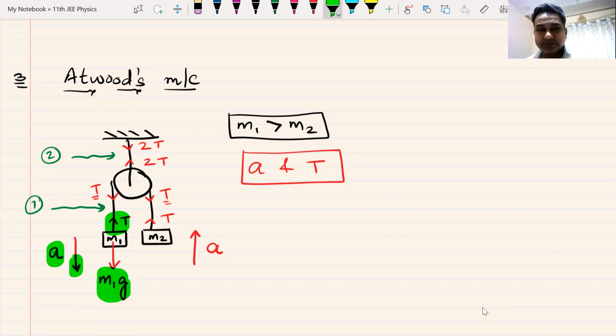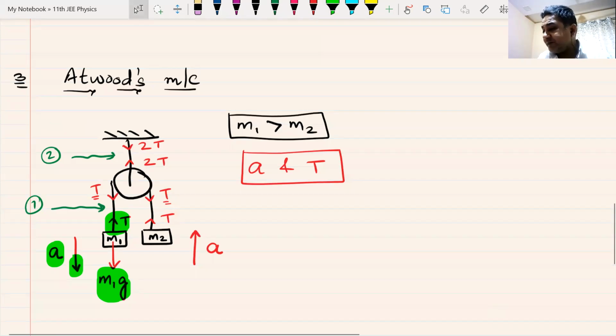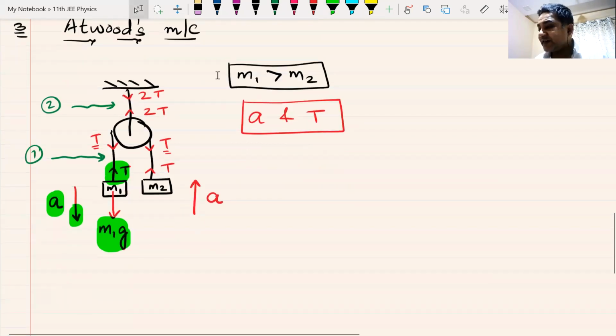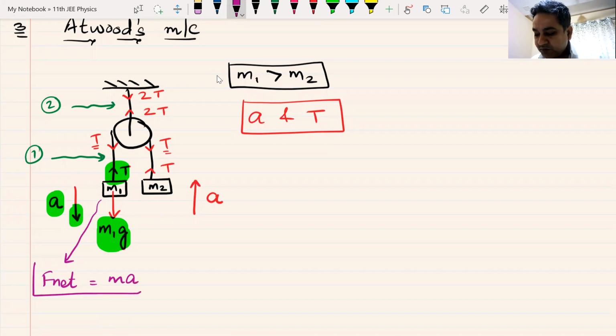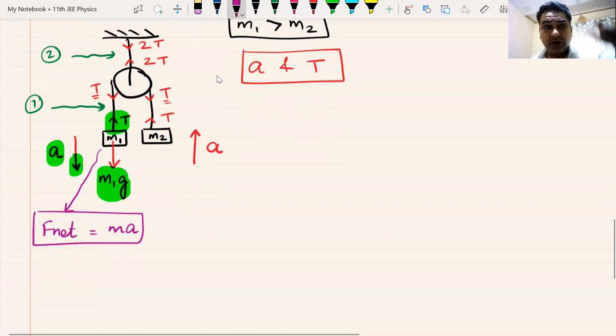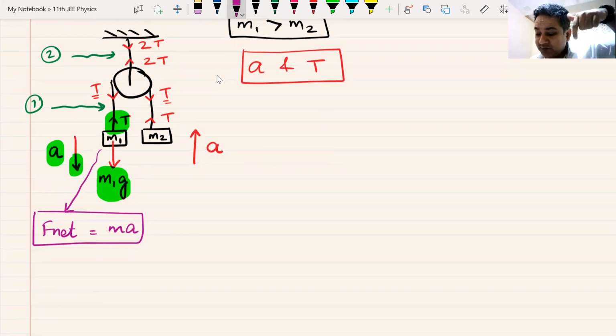Acceleration is downwards. You have to apply Newton's second law on this block. How will you apply Newton's second law on this block? F net is equal to ma. Net force is equal to mass into acceleration. What is the net force? This block is going downwards. Remember, there is the downward force M1G.